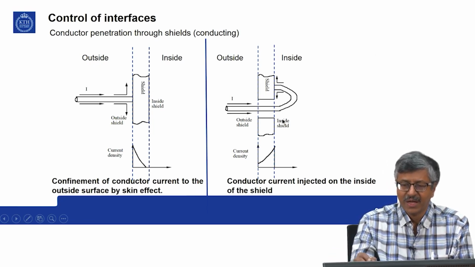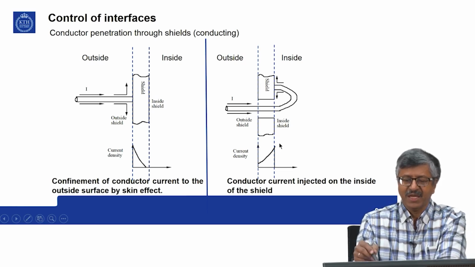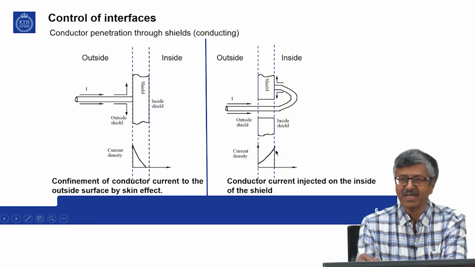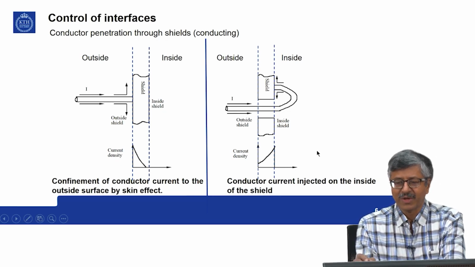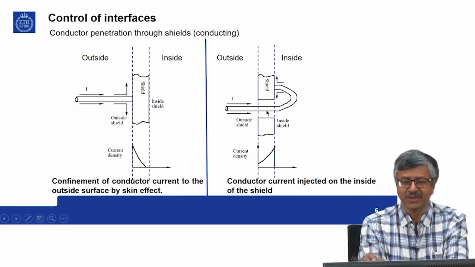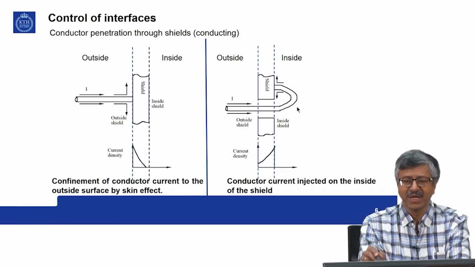And if you see the current density, the maximum current density or noise current is inside and it will radiate further. So, you are completely destroying the zoning by having this conductor coming inside. This needs to be avoided.